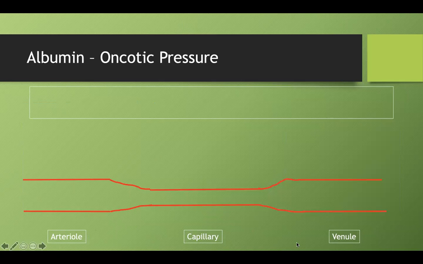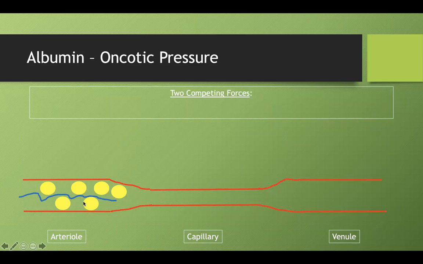And obviously these exist throughout our body. This is how we need the capillaries in order to perform gas exchange between O2 and CO2. So in any vessel that you look at in our body, you're going to have some fluid that's already in our intravascular space, and you'll have a bunch of proteins as well.